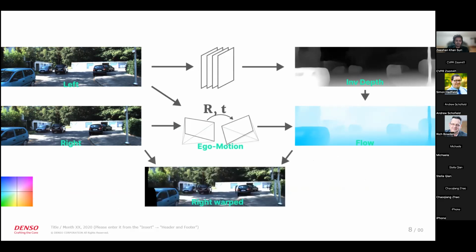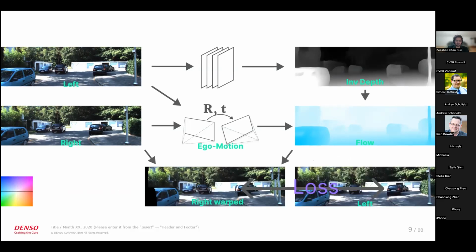Using this flow image, a warping of the right image onto the view of the left image is done, and then a loss is computed from the synthesized right image and the left image so that the gradients pass through the network and it produces correct depth.